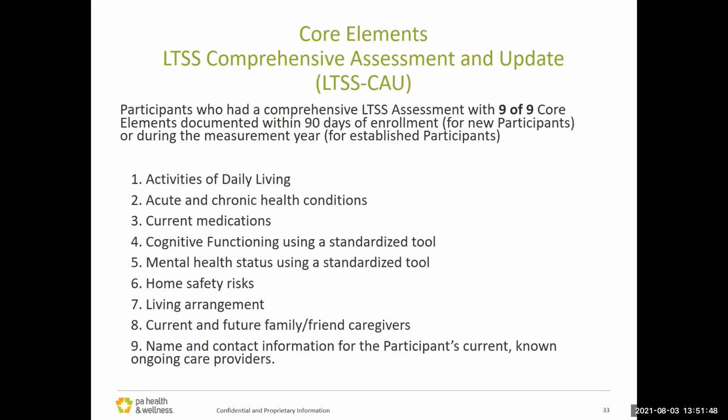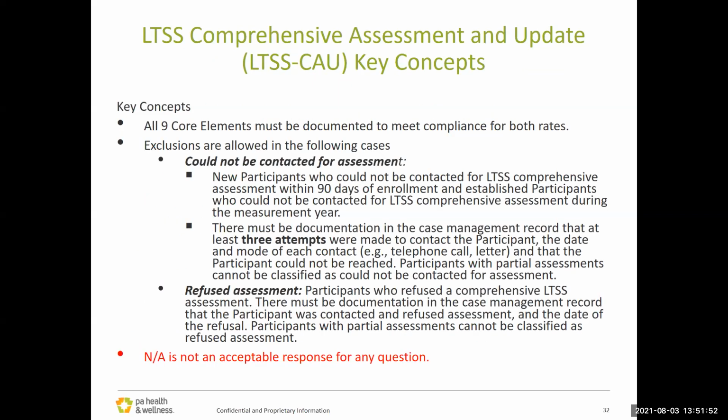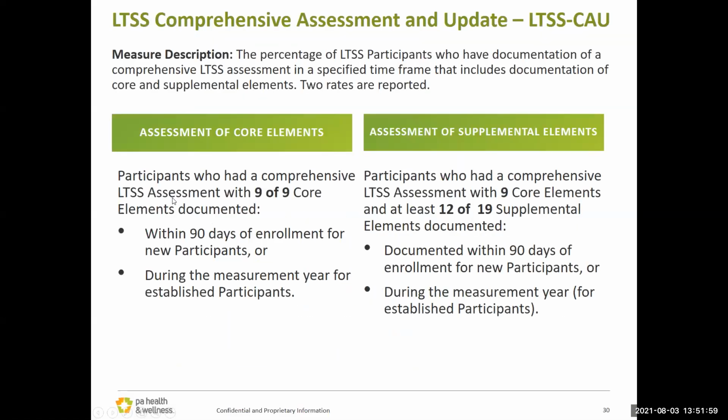Also, as a disclaimer, a couple slides ago we said within 90 days of enrollment for new participants. That probably sounds like a crazy amount of time right now because we don't really have any timeframes that we follow for 90 days. That doesn't mean that you have 90 days to go out and see your new participants to get that NRI done.